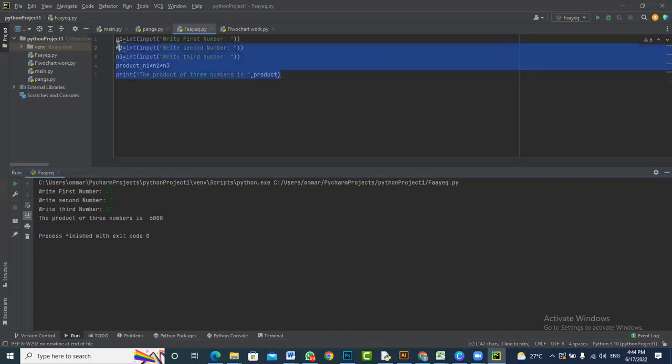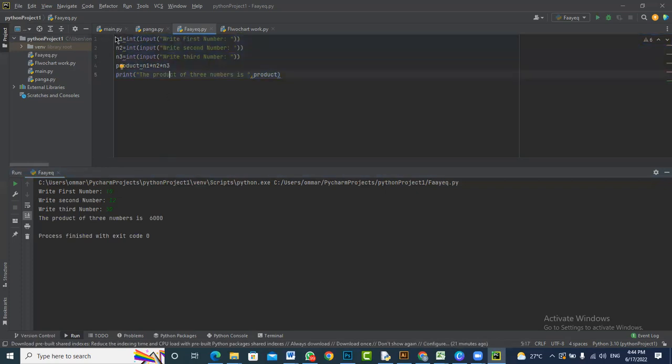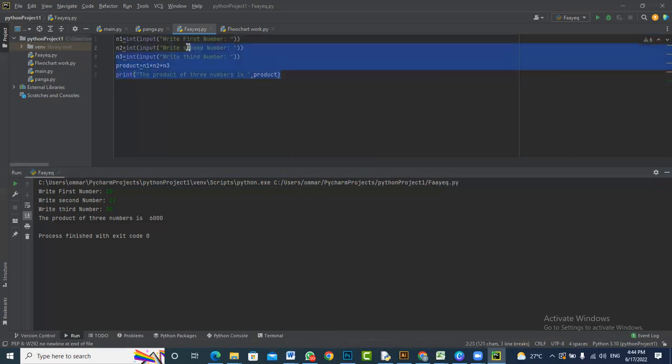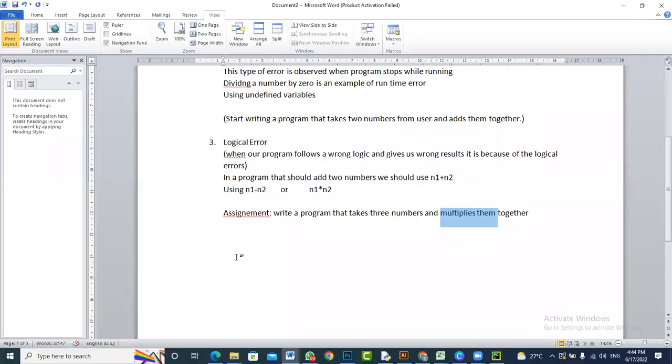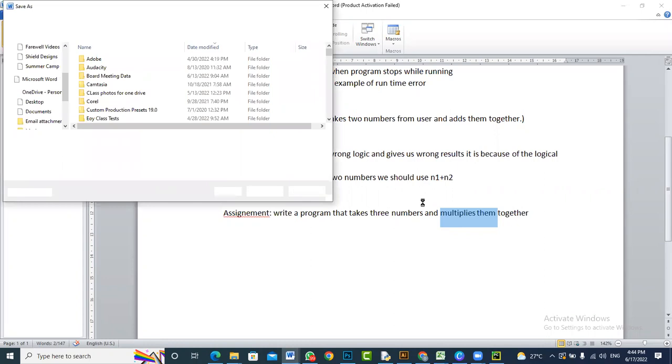That program is going to take three numbers from you and multiply them together. So that is the assignment. I'll be sharing this document with you so that you can have a clear understanding of what you have to do. Also, there are types of errors that I have discussed, and I have mentioned two things for them as well.